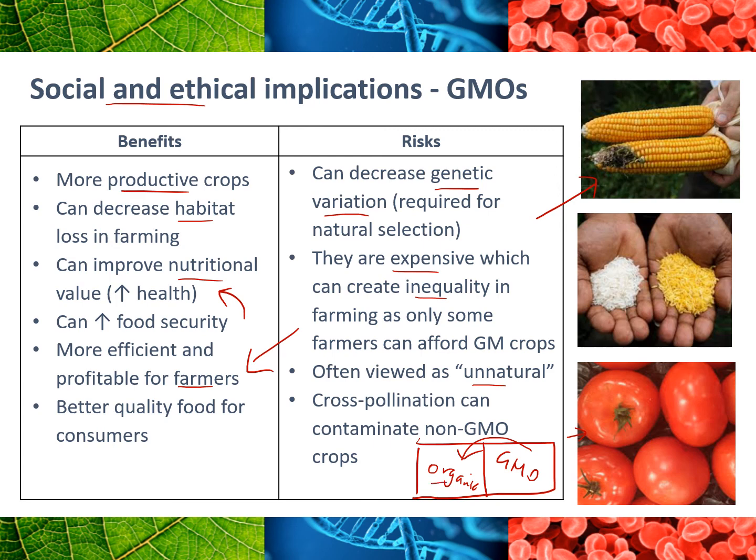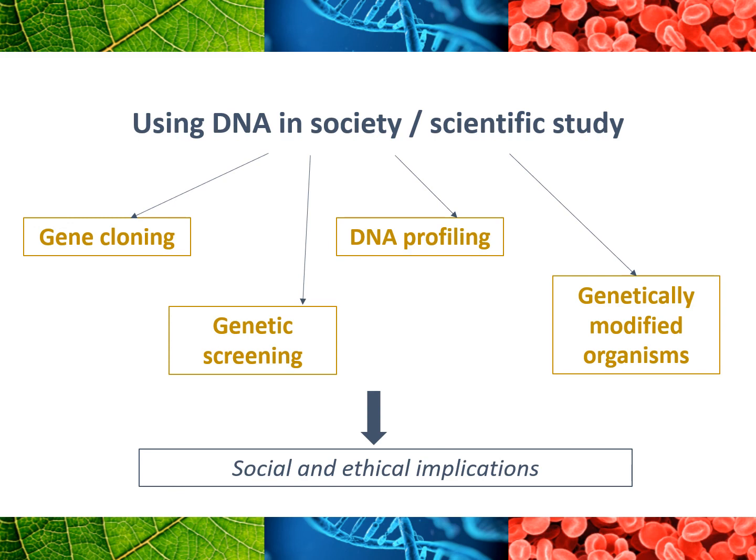Organic certification is very strict. So for a farmer to say that their products are organic, if some of these crops ended up in here, that can affect that. Farmers can even be sued if it looks like they're using these genetically modified crops that they haven't paid for when actually it just occurred through cross-pollination. So again, worth having a few of these written down as they have come up in the exam before.